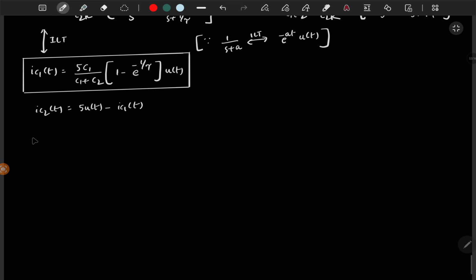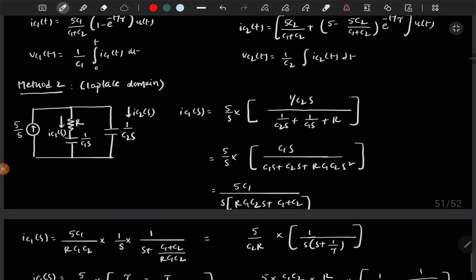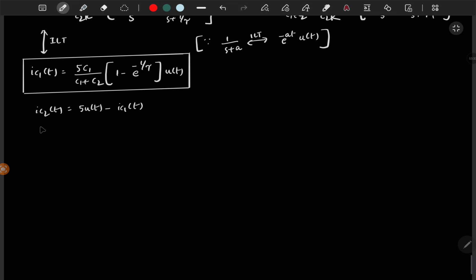And similarly you can find Vc1 of s and Vc2 of s also. So from here, if you want to get Vc2 of s, then multiply this impedance, 1 by sc2, with the IC2 of s, then convert that into inverse Laplace, then you get Vc2 of t.